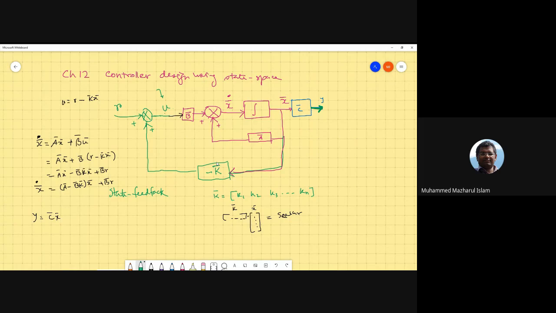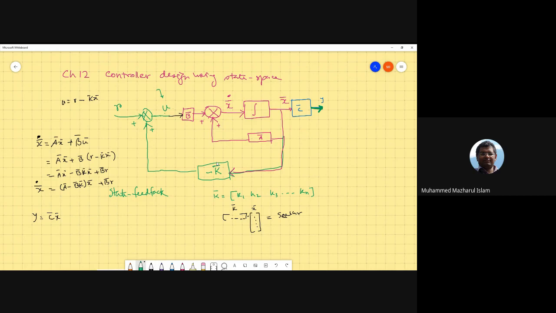So if there are n states, there will be n adjustable gains. A third order system will have 3 adjustable gains. A fourth order system will have 4 adjustable gains. Once we feed it back to the input, it's a positive feedback, by the way, then we can set the different values of the different gains based on the requirement. That was the basic idea.